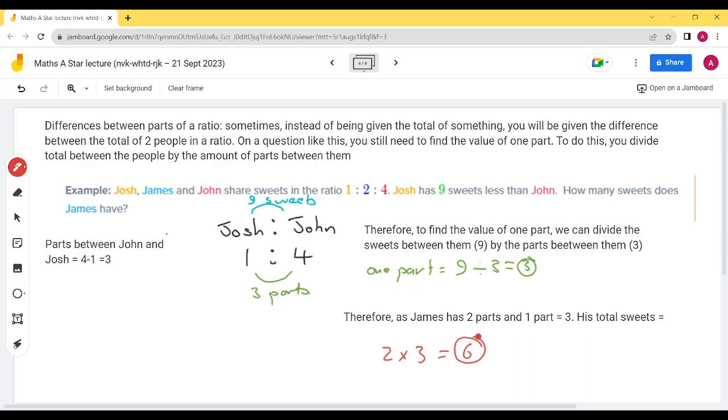So you see how you solve the question is not actually different. You've got to find the value of 1 part, and then once you've got the value of 1 part, you can use that to find the overall answer. It's just the way you find 1 part is a little bit different.